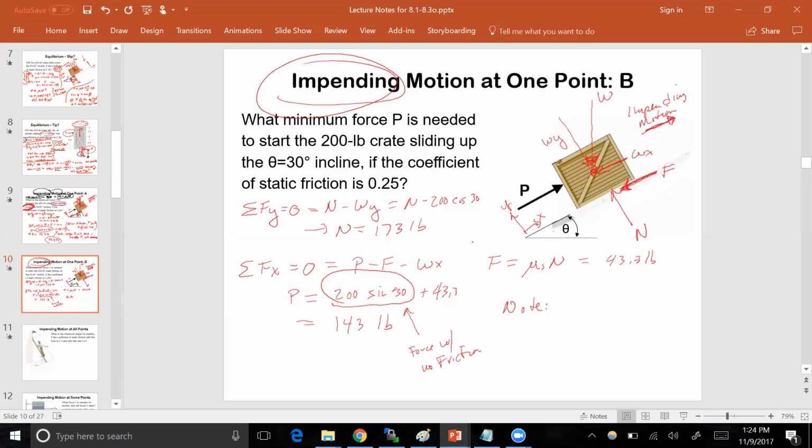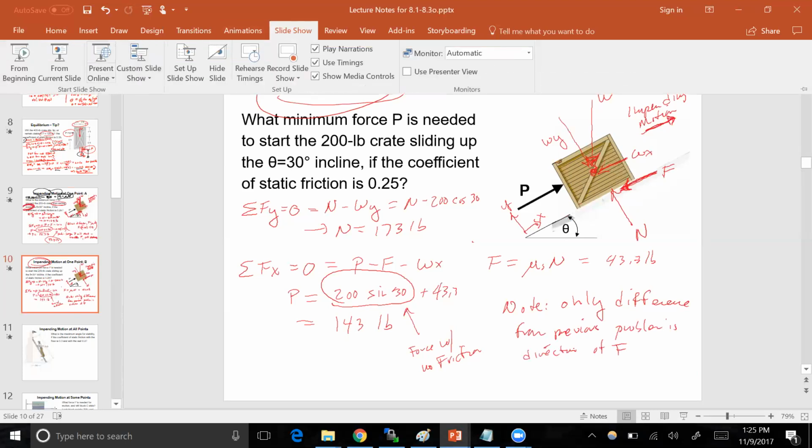Anyway, in this one thing, the only difference between these two problems, right, is the direction of F. And if you were going to plot this, let me just insert a slide here.